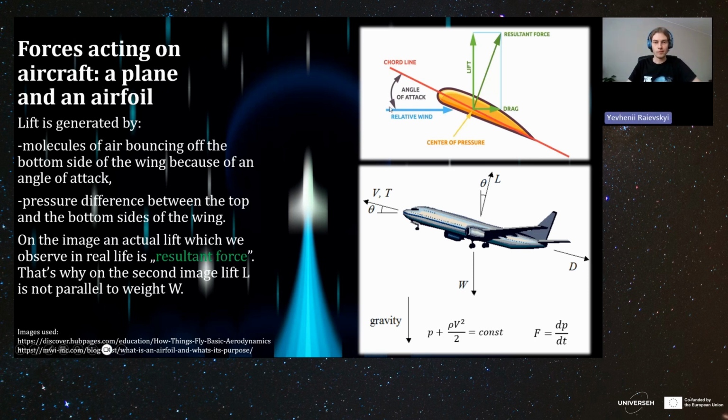And we could say that air molecules which fly here at the bottom side of the wing bounce off this side of the wing and change trajectory.